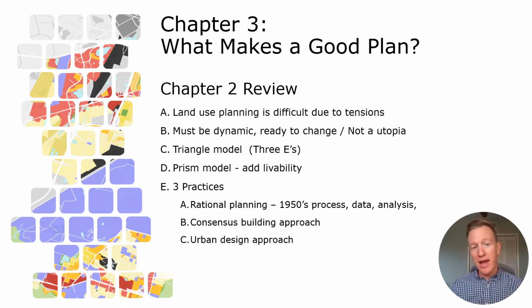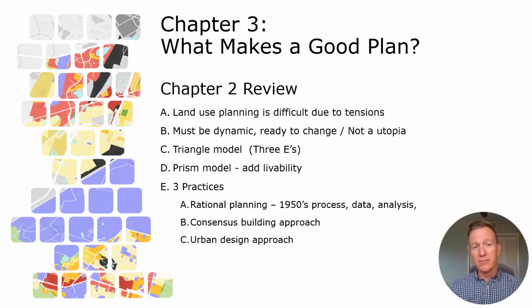And then at the end of that lecture, we talked about some of the different practices we can use in order to get to the heart of the sustainability prism. We talked about rational planning, and that's kind of that 1950s process of looking at data, analyzing it, coming up with reasonable solutions, testing those solutions or plans, and then choosing a plan that works for the community.